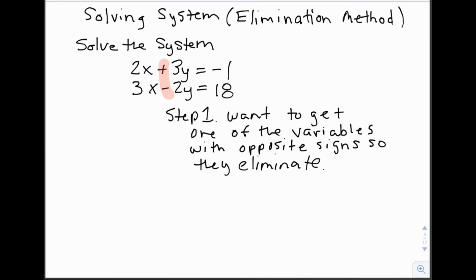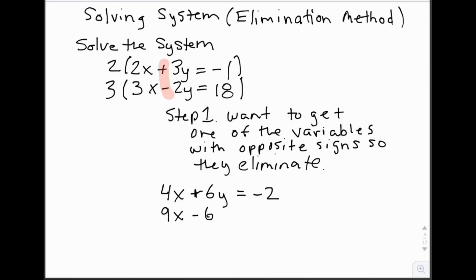So in order to get that 6, we need to multiply the top equation by a 2, and we need to multiply that bottom equation by a 3. So multiplying by each individual element, we should get 4x plus 6y is equal to -2, and additionally that bottom equation is going to be 9x minus 6y is equal to a positive 54.